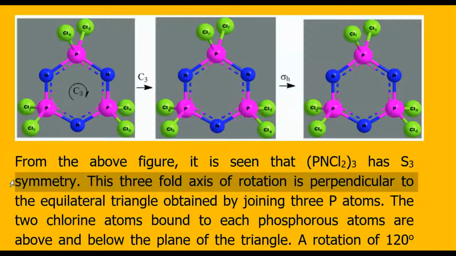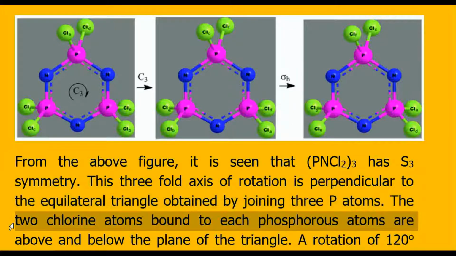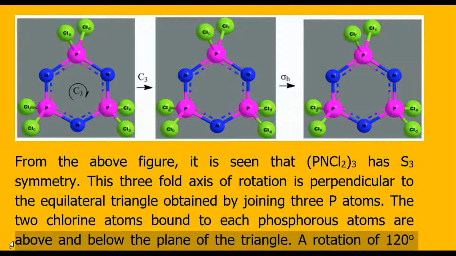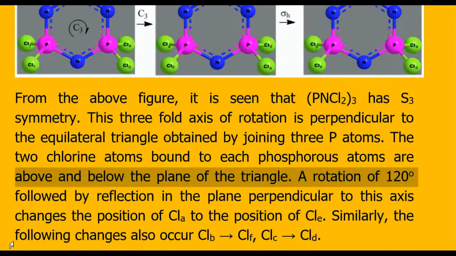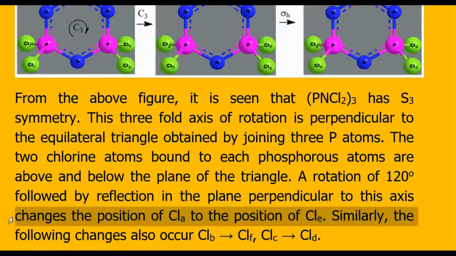This threefold axis of rotation is perpendicular to the equilateral triangle that I have shown you in the earlier figure, obtained by joining three phosphorus atoms. The two chlorine atoms bound to each phosphorus atom are above and below the plane of the triangle, that also we have discussed. Now a rotation of 120 degree, that is C3, followed by reflection in the plane perpendicular to the axis, that is the hexagonal plane, changes the position of ClA to ClE.